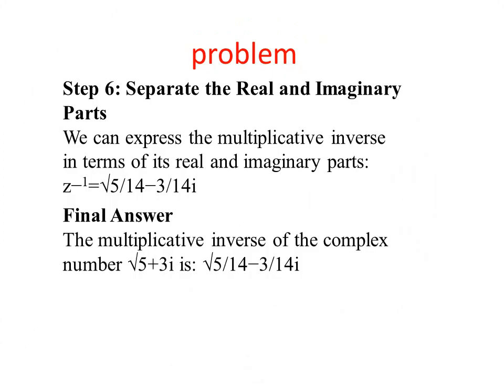We can express the multiplicative inverse as z inverse is equal to root 5 by 14 minus 3 by 14 into i. Therefore, the final answer for the multiplicative inverse of the complex number root 5 plus 3i is root 5 by 14 minus 3 by 14 into i.